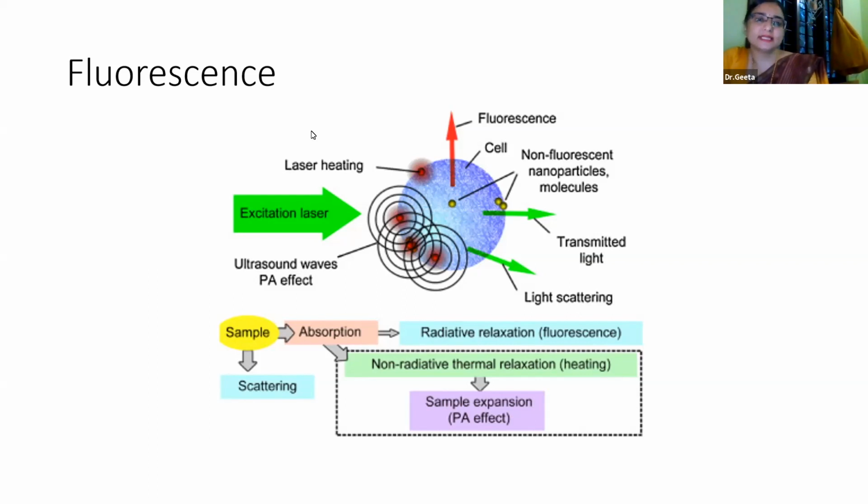So fluorescence is the technique by which we visualize this reaction. Here in this cartoon, I have tried to show what happens when a laser hits a fluorochrome. A fluorochrome is a naturally fluorescent molecule that can also be synthesized artificially.